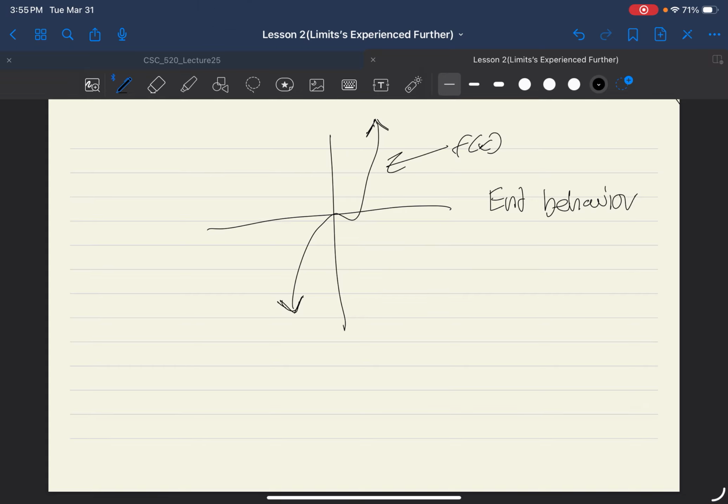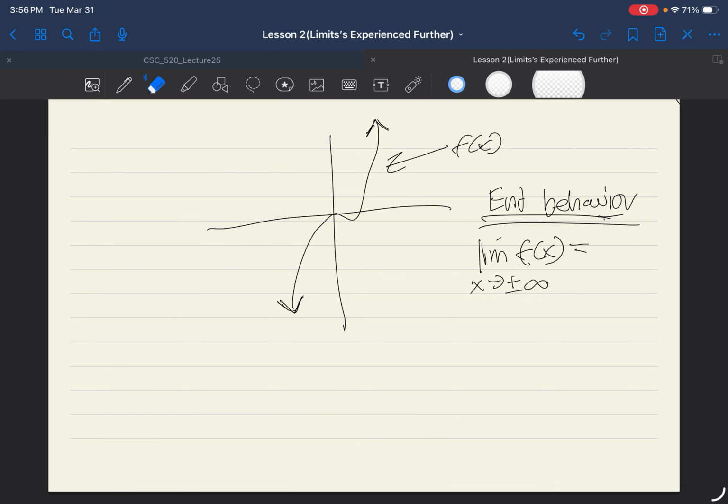Now, what is the end behavior, you might ask? The end behavior is the limit as x approaches either plus or minus infinity of the given function, f of x. And that's going to be defined as that end behavior.